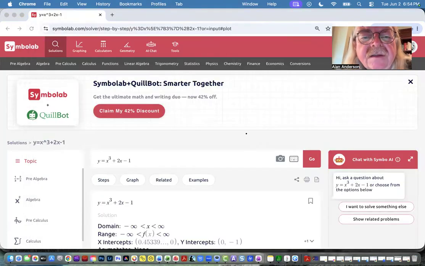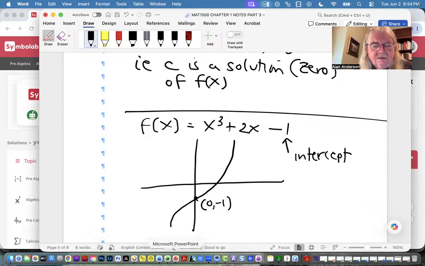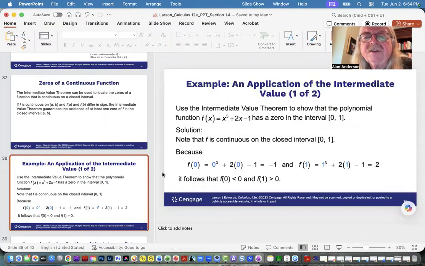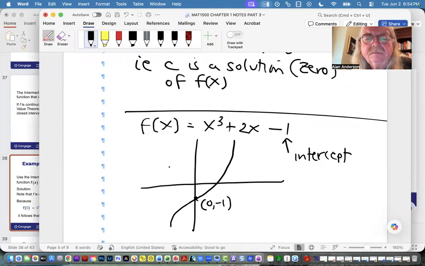So they would like us to analyze the interval from 0 to 1. Let's say that that's 0 and 1.